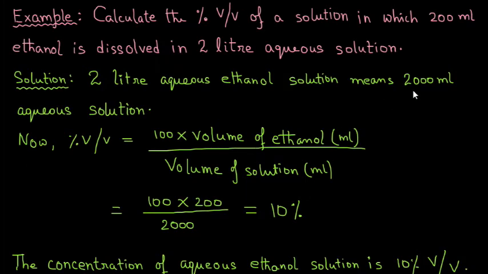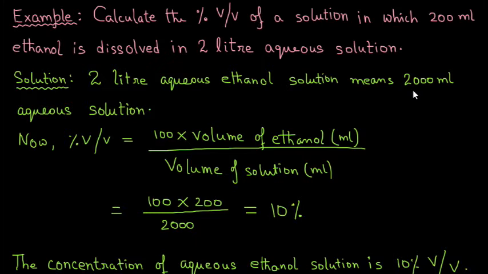Now let us see a solved numerical of this type. Calculate the volume percentage of a solution in which 200 ml ethanol is dissolved in 2 liter of aqueous solution.